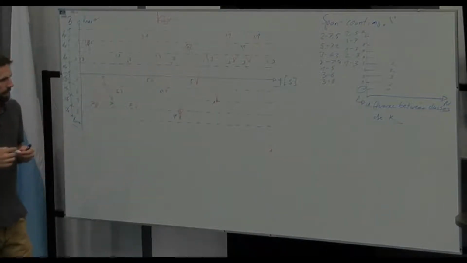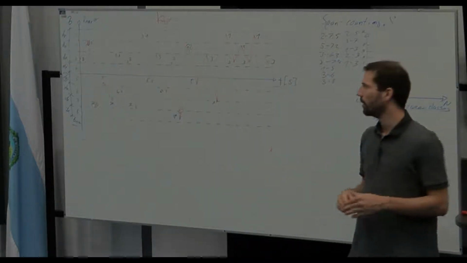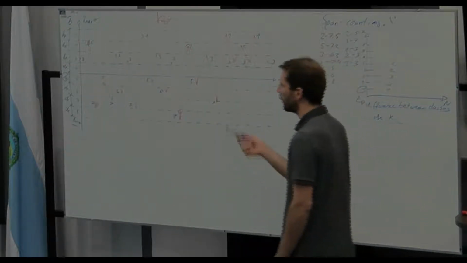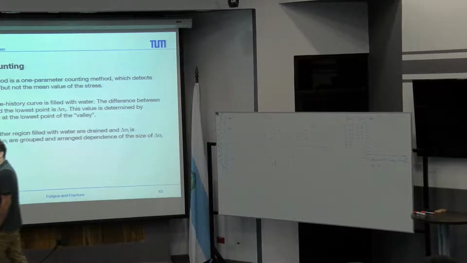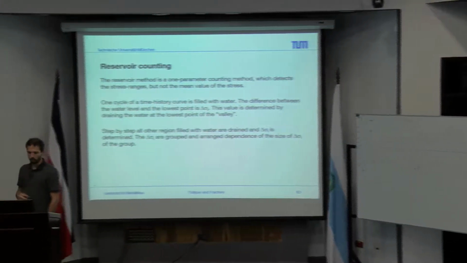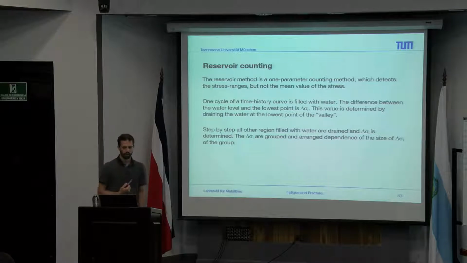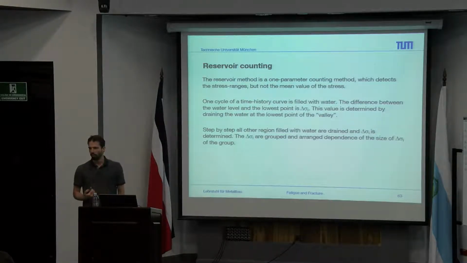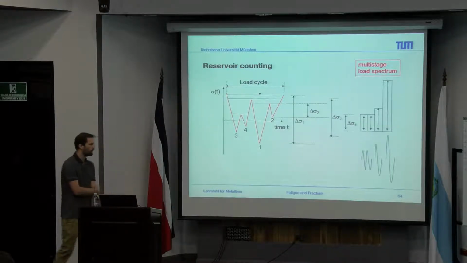The next one is the reservoir method, which you can see here. The reservoir method is also a one-parametric counting method which detects the stress ranges, but as I already said, it does not detect the mean value, so it doesn't give you information about the stress ratio. The idea behind it is quite easy.